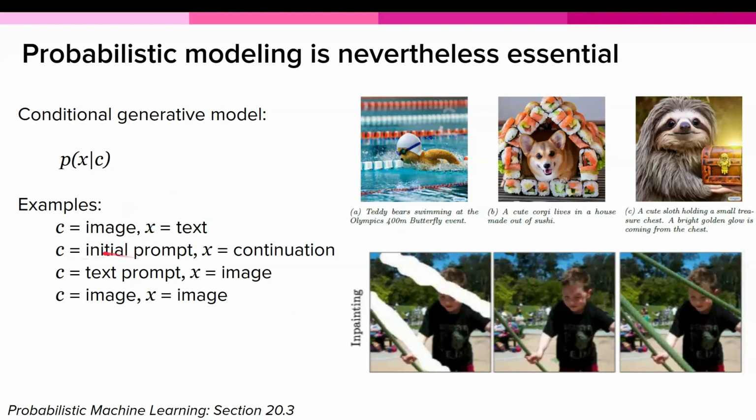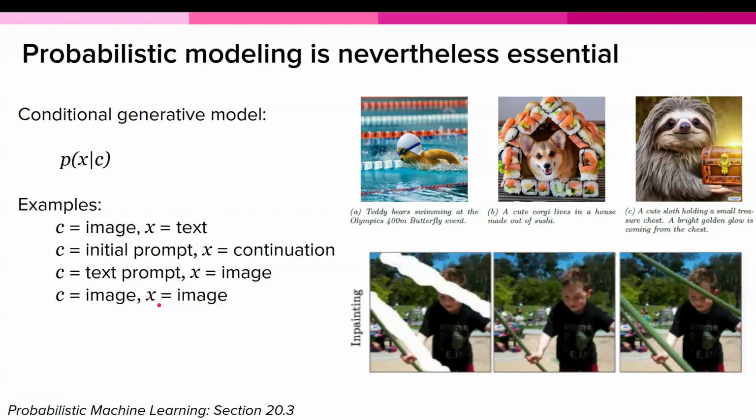Another example is when you provide some prompt, and then it's going to continue. A last example is when the condition itself is an image, and the desired output is an image.